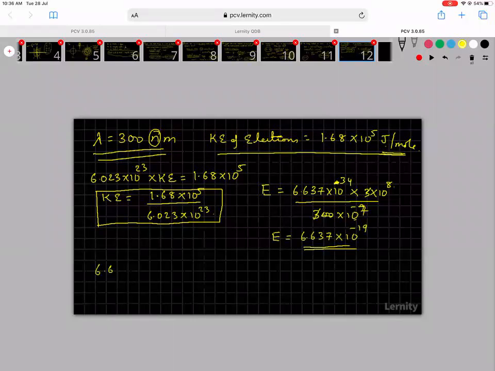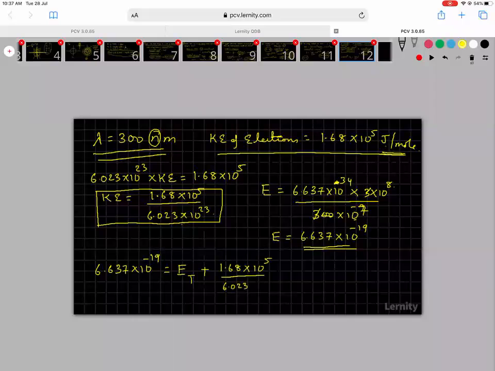So 6.637 into 10 power minus 19 is equal to the threshold energy, which they are asking for, plus the kinetic energy of each electron, 1.68 into 10 power 5 divided by 6.023 into 10 power 23.